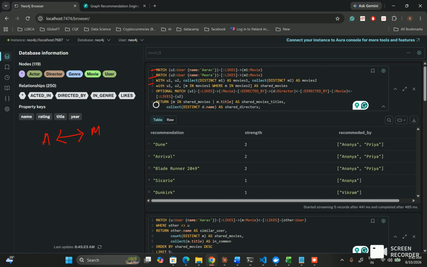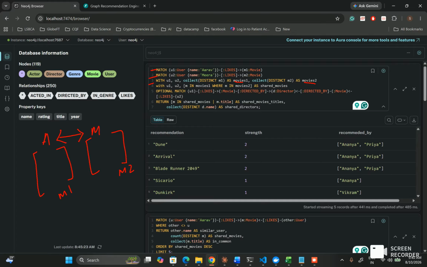Think of it as turning a messy pile of Arav likes this, and Meera likes that, into a single list called Movies 1, and for Meera, Movies 2.